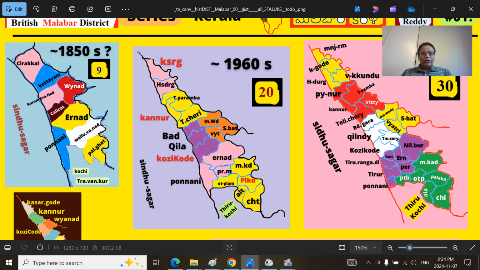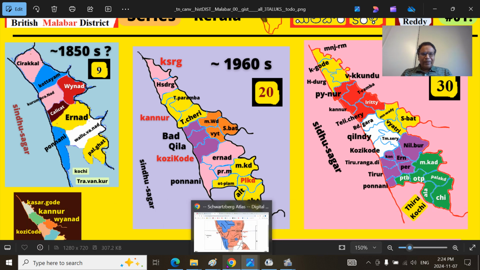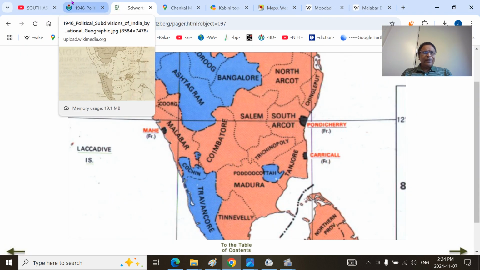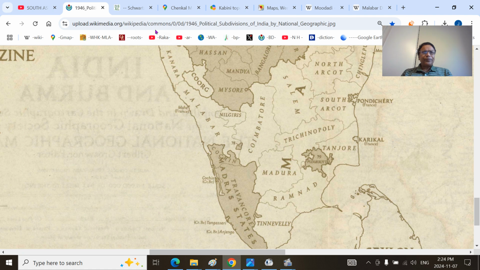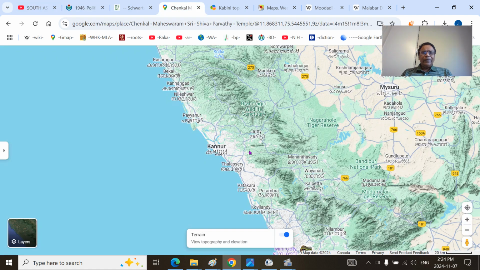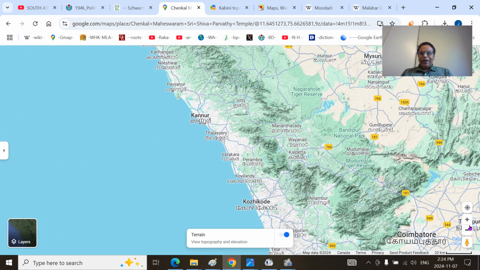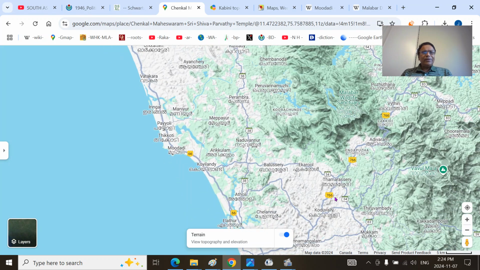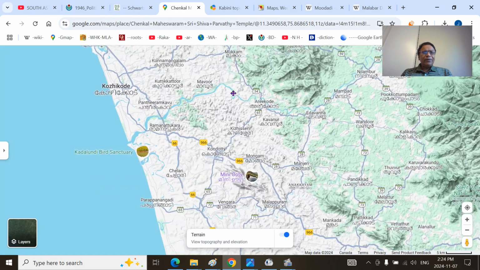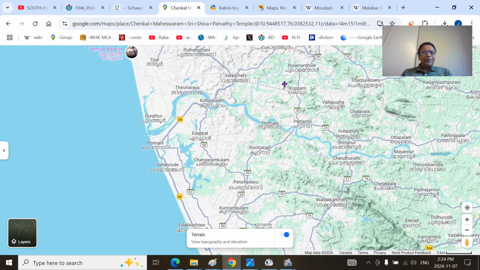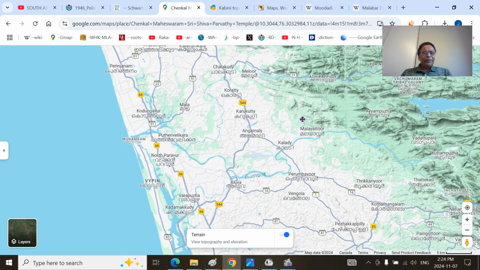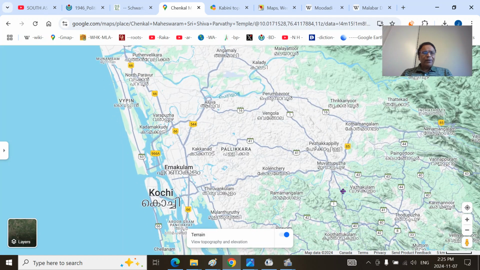So you got the broad clarity on that, and you can see this. When you say Fort Cochin and Anjengo, I should have shown before. When you say in the Kozhikode region, when you say Anjengo, it is outside the Kollam region.